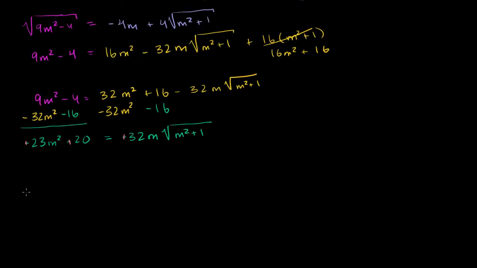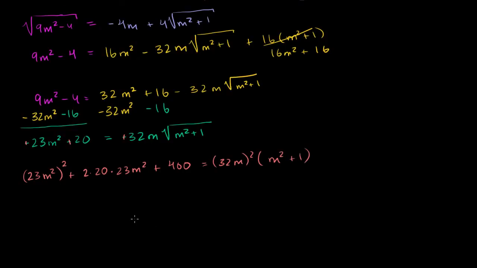You square the left-hand side of the equation, we get 23m squared squared plus 2 times 20 times 23m squared plus 20 squared, which is 400, is going to be equal to 32m squared times m squared plus 1.